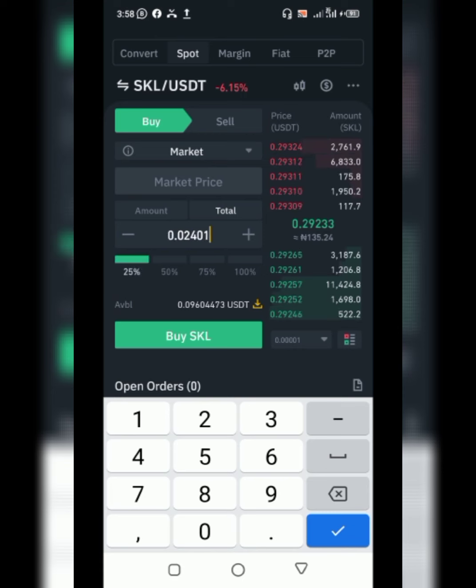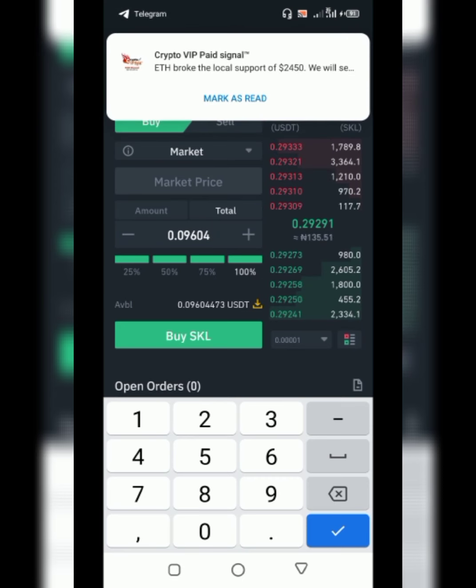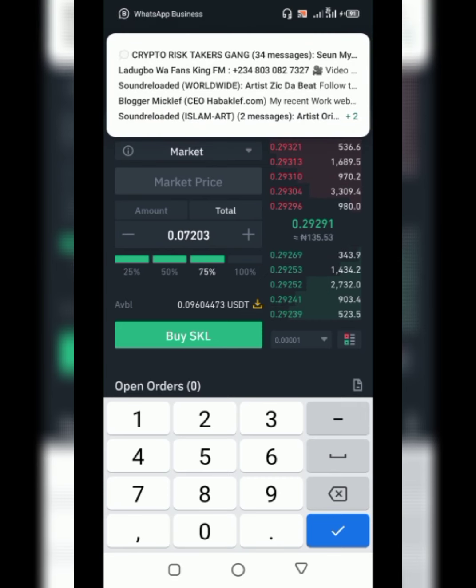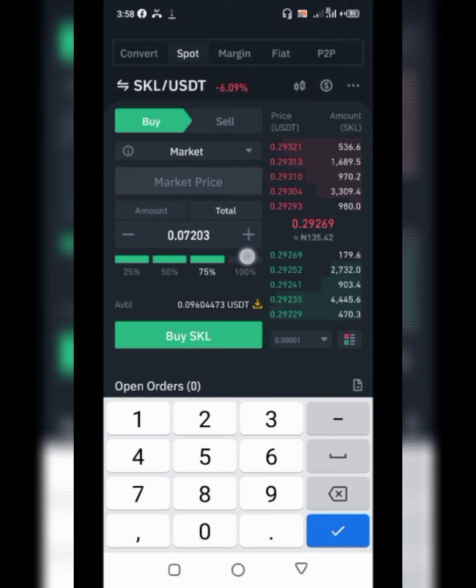So that is why they place it there. Instead of us using their fixed value, here is why they have to put it there. Imagine I have 200 USDT. 25% of 200 USDT is 50 USDT. 50% means 100 USDT from my money. 75% means 150, while 100% means all my money, which is 200 USDT.